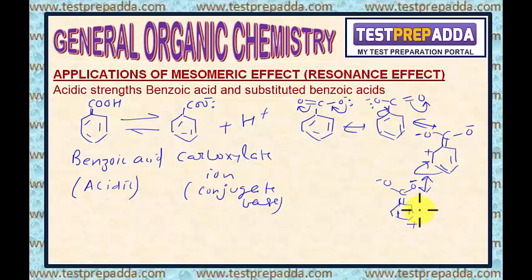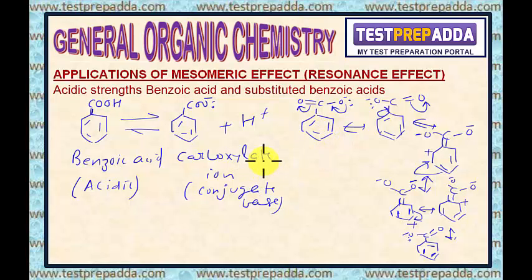Now next resonating structure can be written here. Double bond shifting like this. Positive will come here. O minus, O minus. Now the next resonating structure will be like this. So these are the different resonating structures of carboxylate ion.